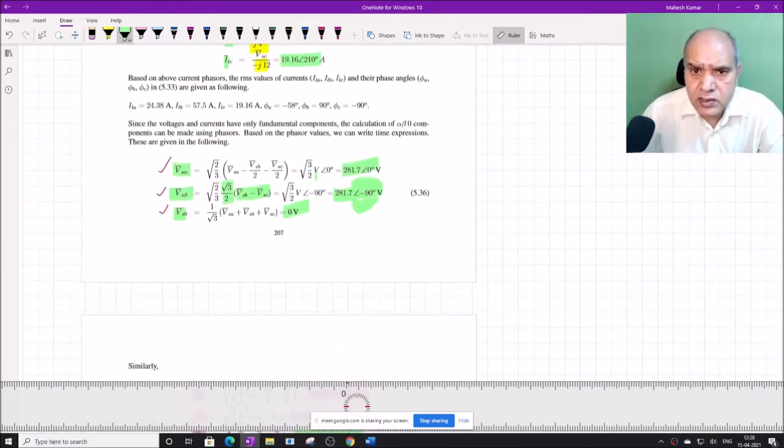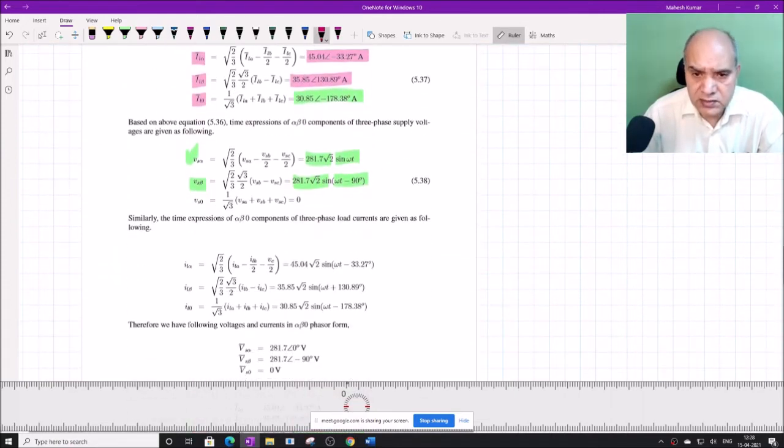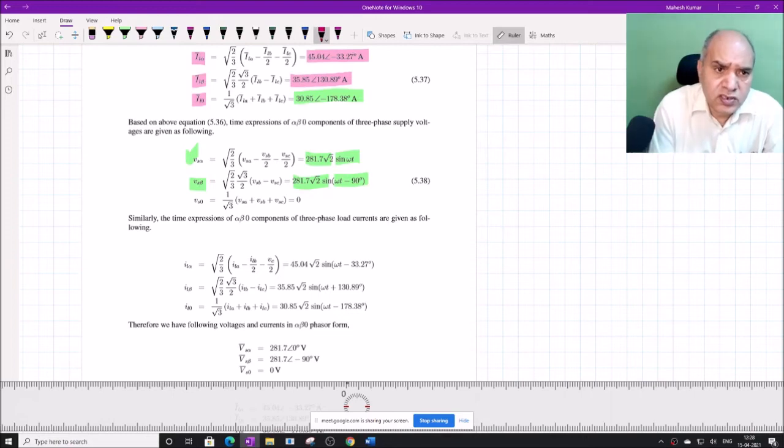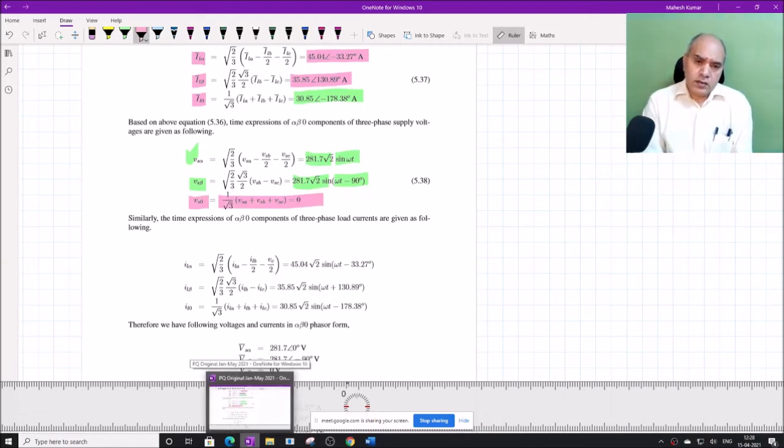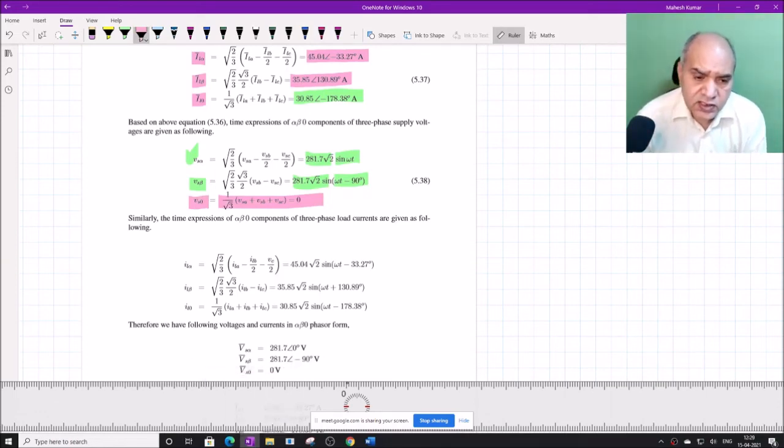So the same phase angle, and this into root 2, so root 2 into 281.7 angle of minus 90 degrees. And VS0 was 0, so it remains 0 here. I hope I am clear. Similarly, we can find the time domain expressions for IL alpha, IL beta and IL0 by multiplying the RMS value that we found earlier by root 2 and adding the phase angle to sin omega t. So this is IL alpha, this is IL beta, this is IL0.